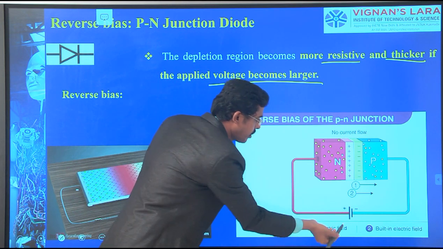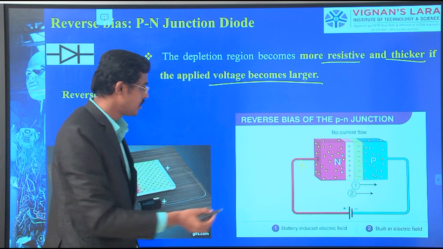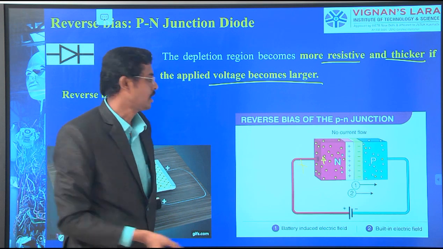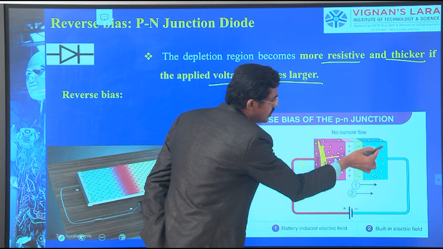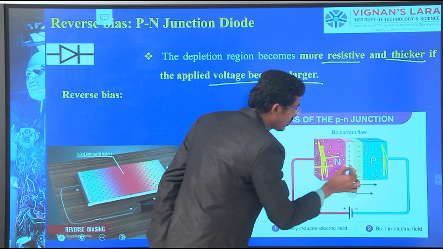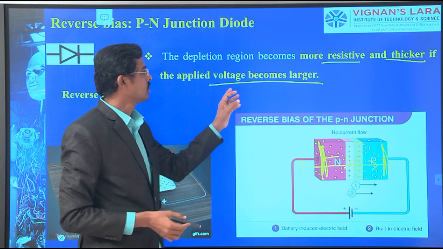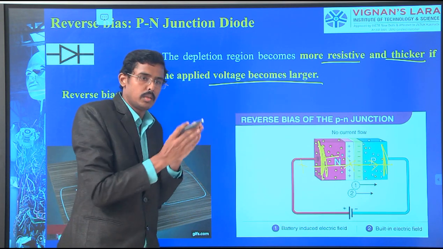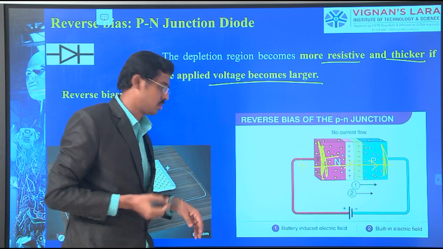It keeps on strongly attracting the electrons and holes, and they are pulled away from the junction zone. The current should pass from here to here, but it is not happening. So when the voltage increases, the depletion region becomes thick. The electric circuit should close, and that we have to do.